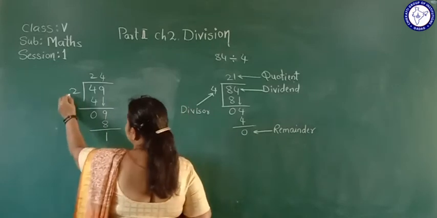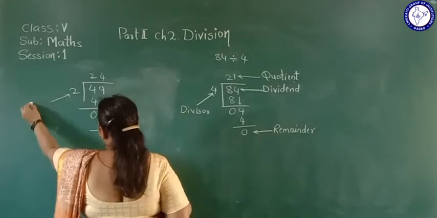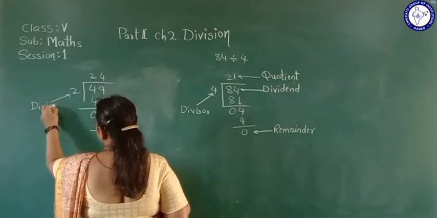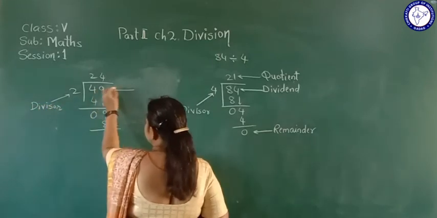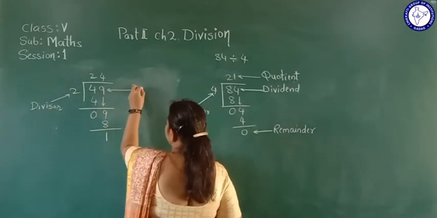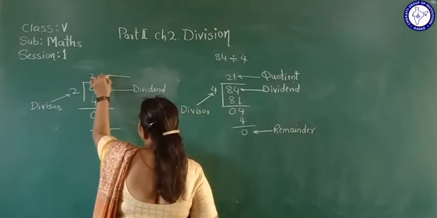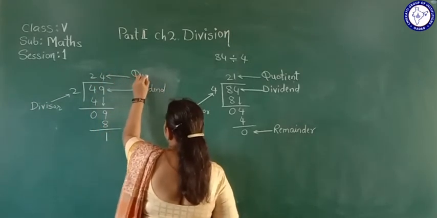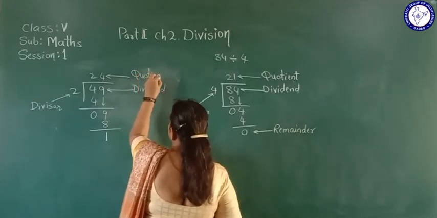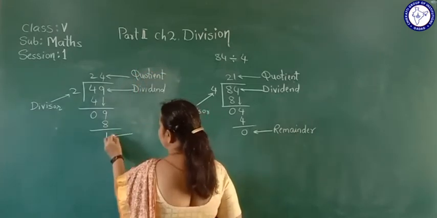So here this is the divisor, this is the dividend, this part is called the quotient, and here 1 remained.